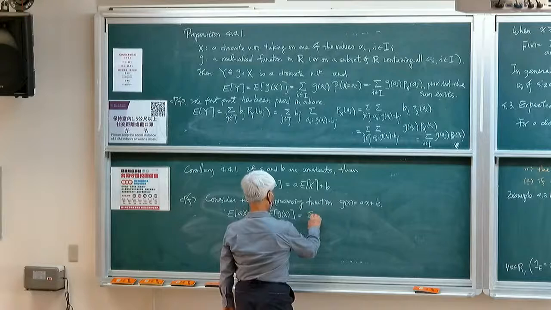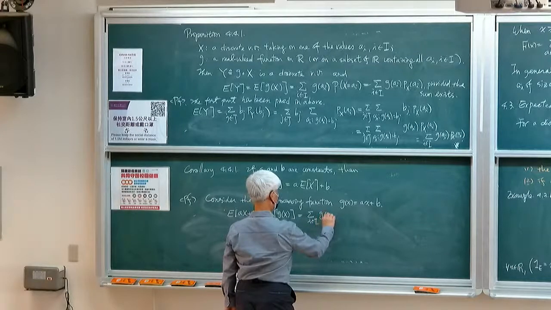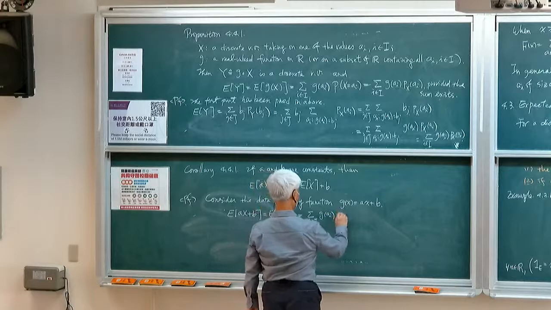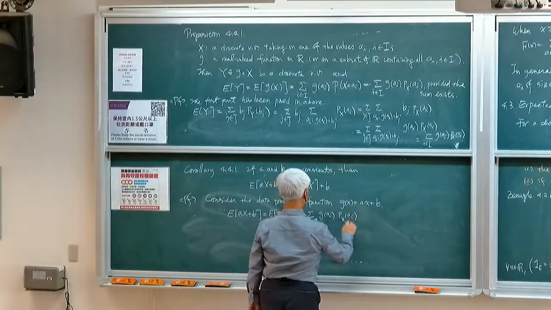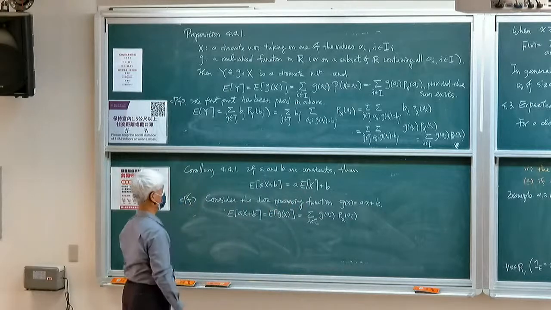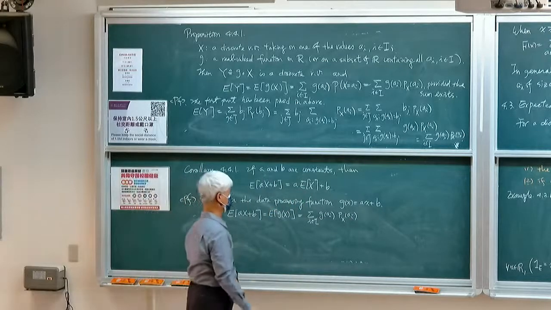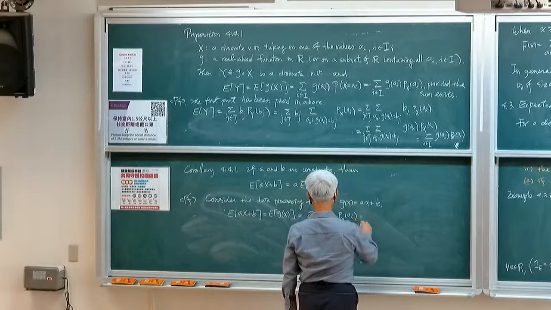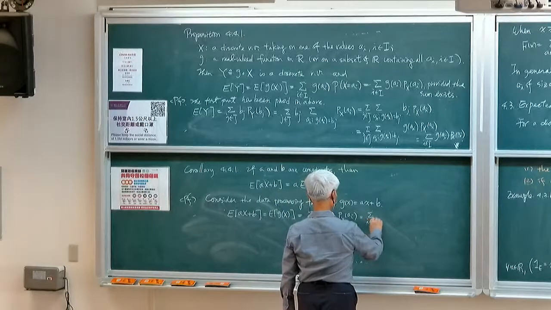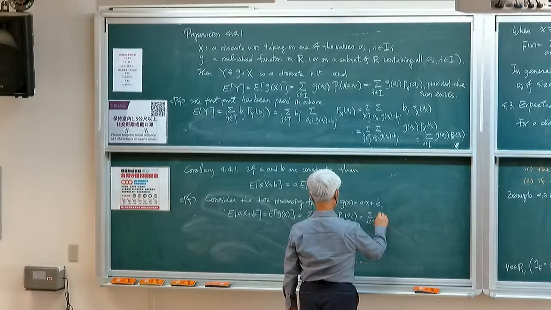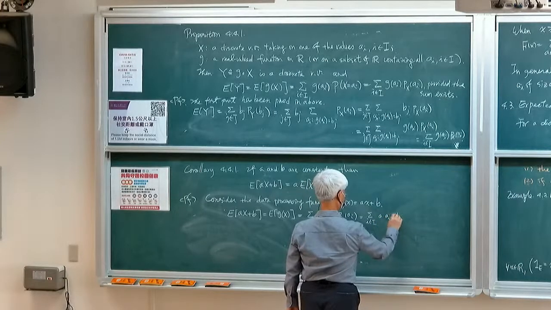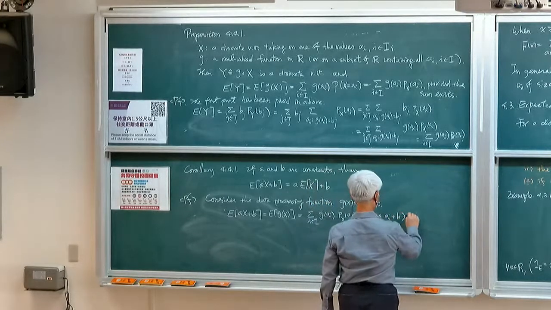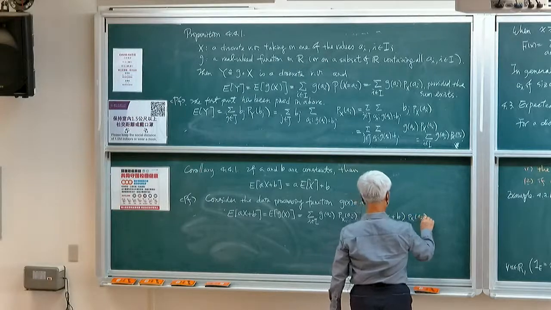This is a summation over I in the index set of g of ai times p of x ai, which is ai plus b times p of x ai.